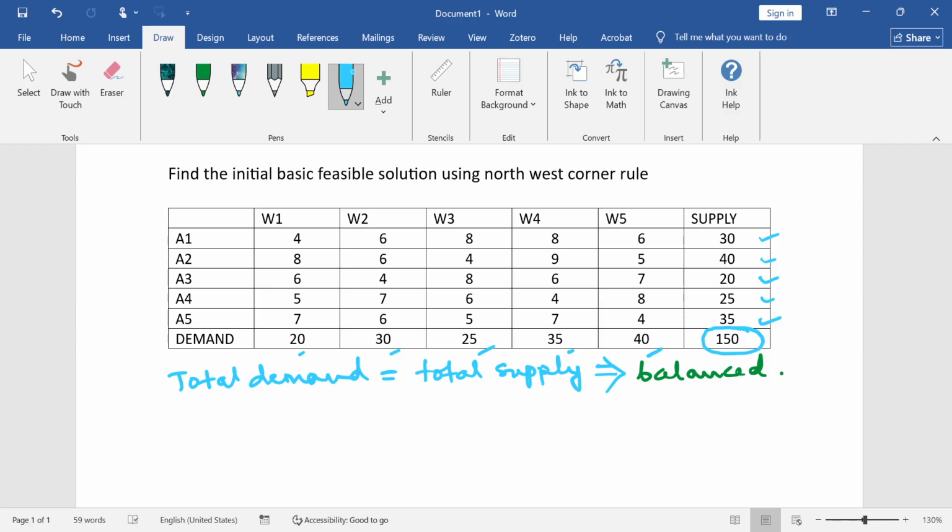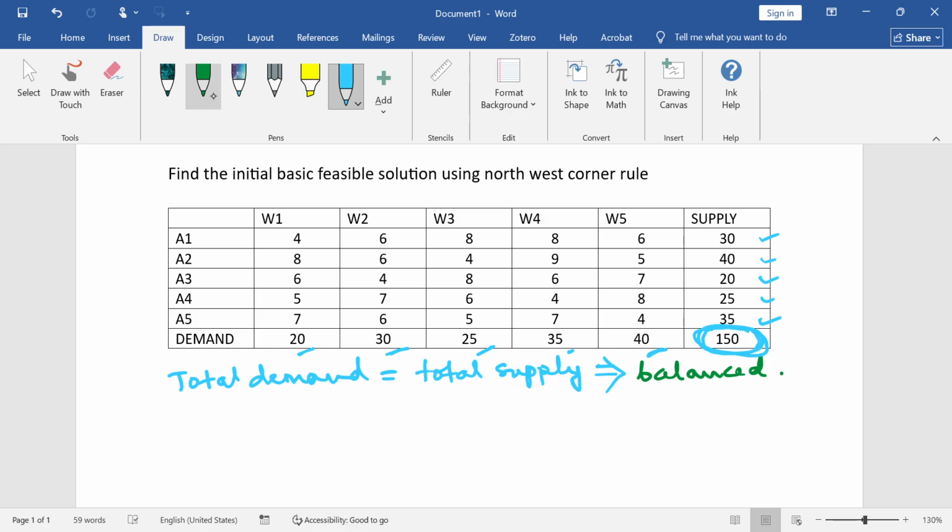So 60 plus 90, that is 150. Likewise, we see over here 20 plus 30, 50, and then we have 25 plus 35, that is 60. Okay, and 60. So here also 60 plus 50, 110 plus 40, and that is 150. So therefore, total demand is equal to total supply. This is a balanced transportation problem.